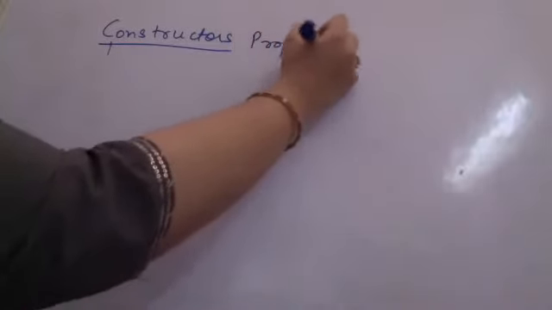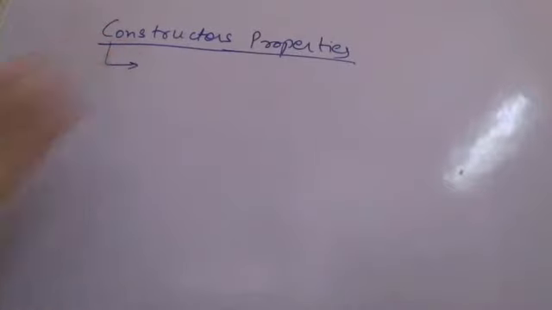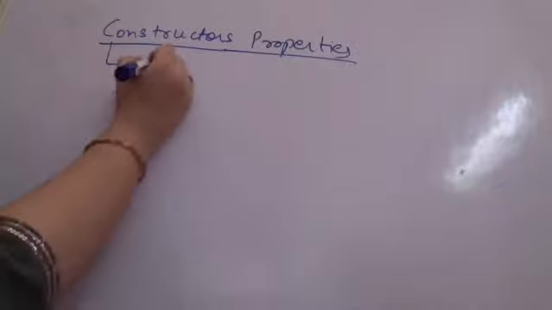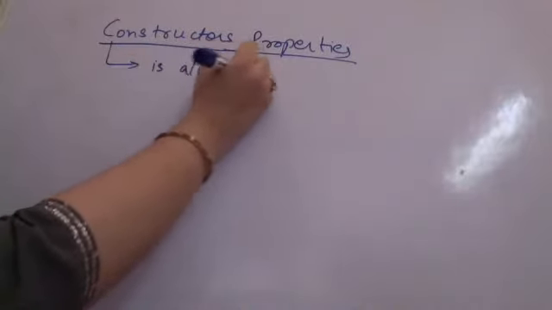The properties are important because they provide us with details of how we can use them and how we cannot use them. So first of all, you have to make sure that the constructor is always defined in the public part.